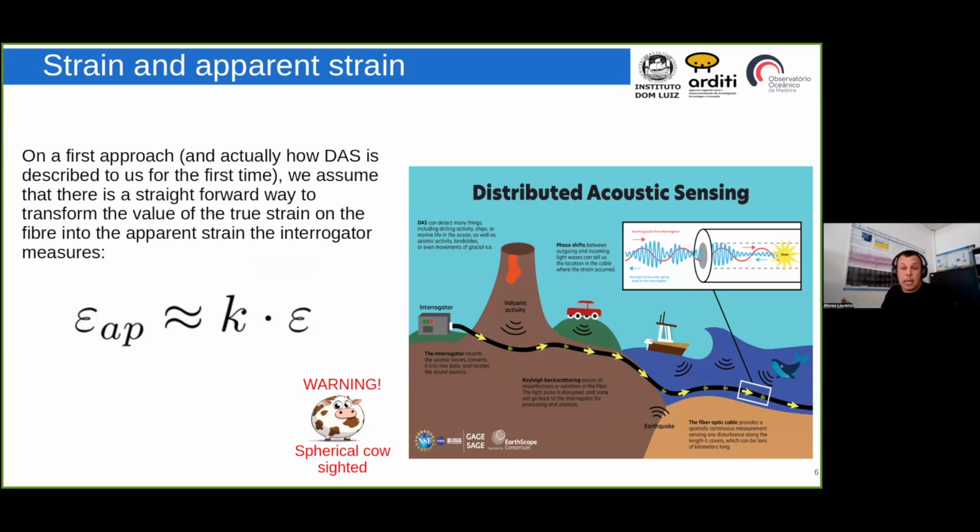On a first approach, we assume that we have a flat transfer function between strain and whatever number the interrogator is showing. And you see there's a small spherical cow there. That is the symbol for a crude approximation because we know no better.